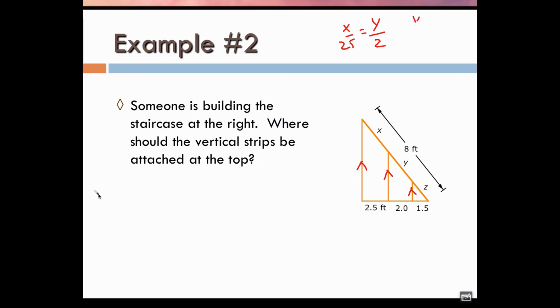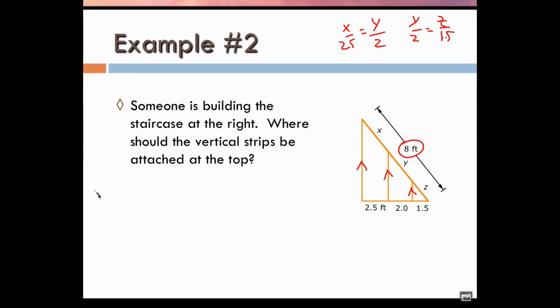We could do y over 2 is equal to z over 1.5. Also not solvable. So we have to figure out a way that we can put this together. And you can put it together in any combination. This is the key to the problem: setting up a combination between the two.